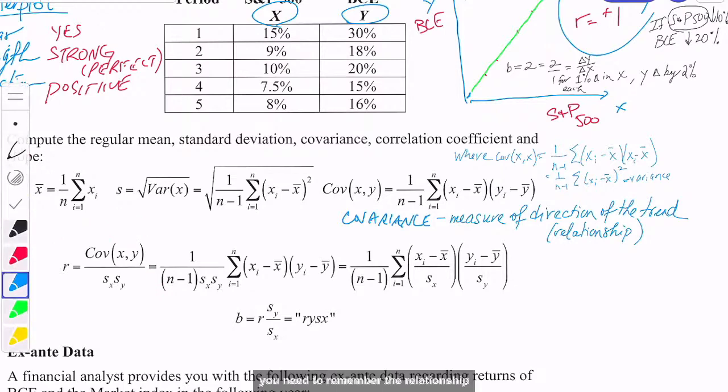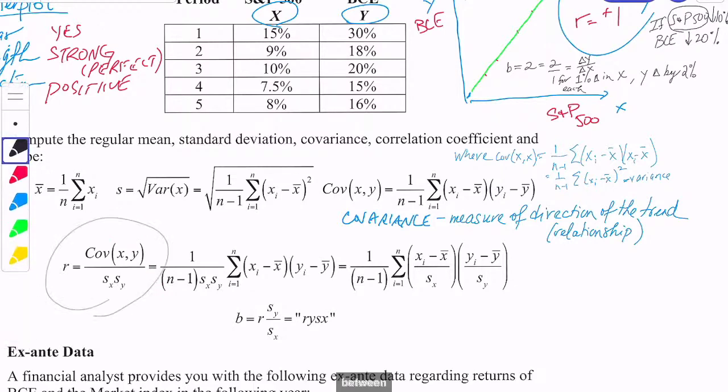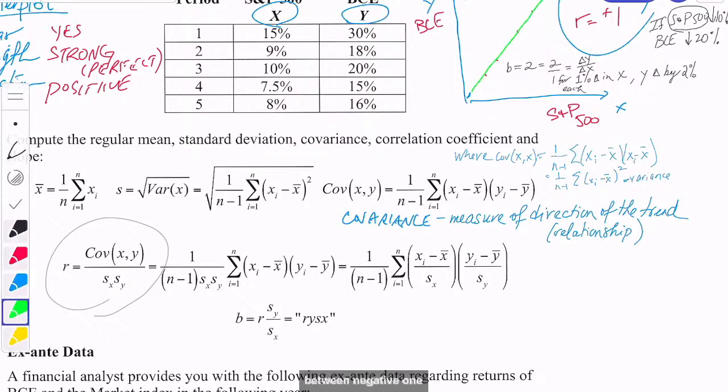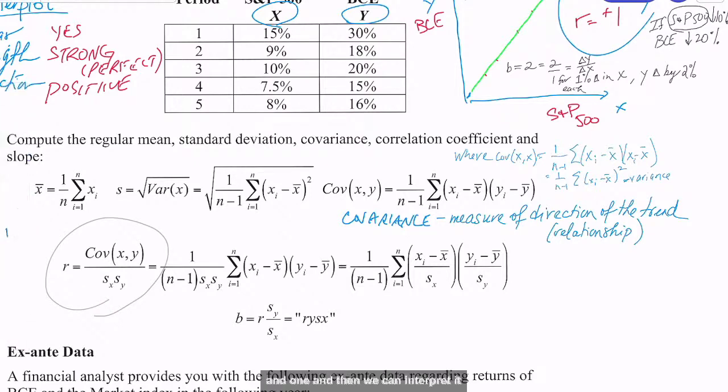You need to remember the relationship between covariance and correlation, and not forget how to calculate covariance. It looks like a variance, but you're using x and y together. And then you standardize it. And by standardizing it, it reduces it to an index between -1 and 1. And then we can interpret it. Otherwise, for covariance, we'll get some number. We don't know what it means.